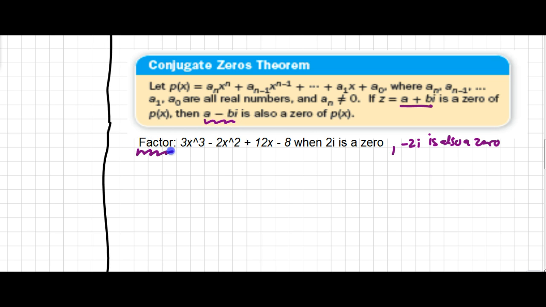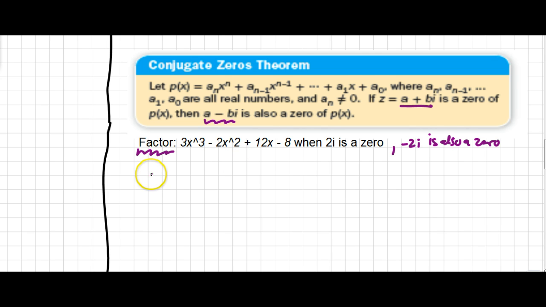Now notice that the directions on this question have changed. Now they want us to factor it. So if they gave us one of the zeros and we know another zero, that means we should be finding 3 zeros altogether. The reason is, this is a degree 3 problem. So we're going to take the 2 zeros that we know and we're going to turn those into factors.